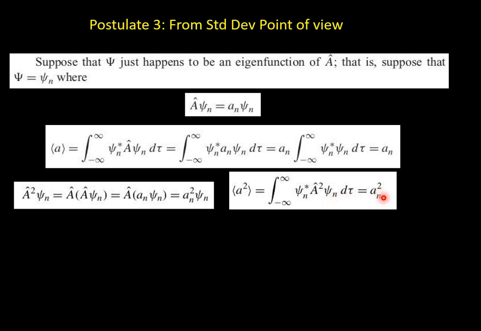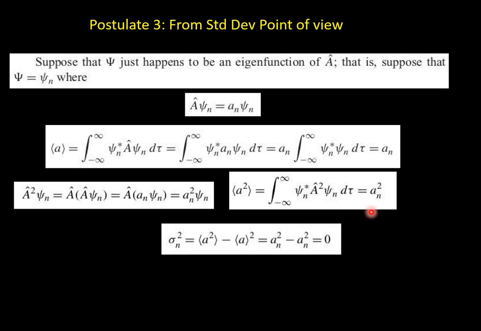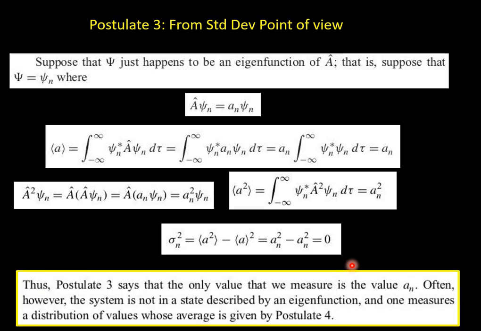So now you get a n square. So A square average is a n square and A average is a n, so A average square is a n square again. So you get a n square minus a n square, and that is 0. So what we see is that the practical definition of standard deviation or variance is A square average minus A average square, and here we see that the result is 0. So sigma n square is 0. That means standard deviation is also 0. The result says that the only value that we measure is the value a n.